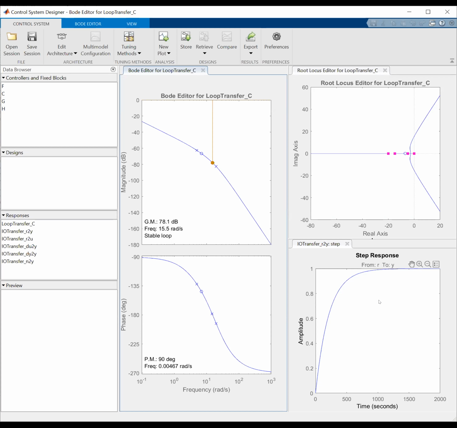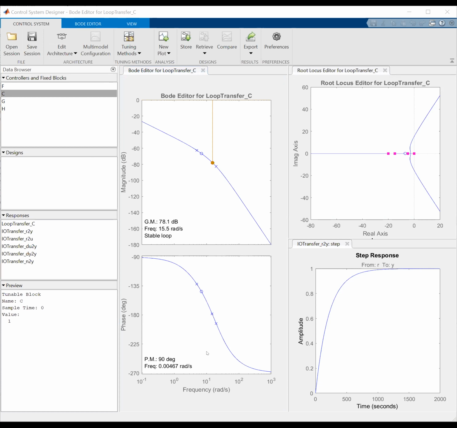I'm going to wait for a minute and see if everyone got this Control System Designer. Everyone got these three plots? Okay. Now I want you to highlight C.